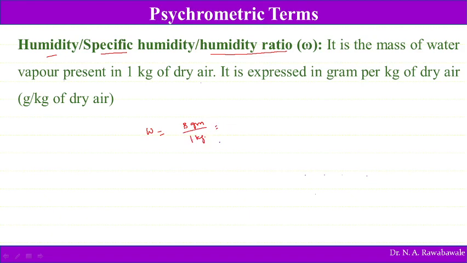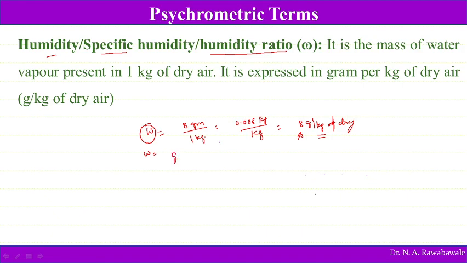In kg it is 0.008 kg per kg, or in grams it is 8 grams per kg of dry air. So the actual amount of water vapor present in unit mass of dry air is known as humidity, specific humidity, or sometimes humidity ratio, and it is generally represented by omega.